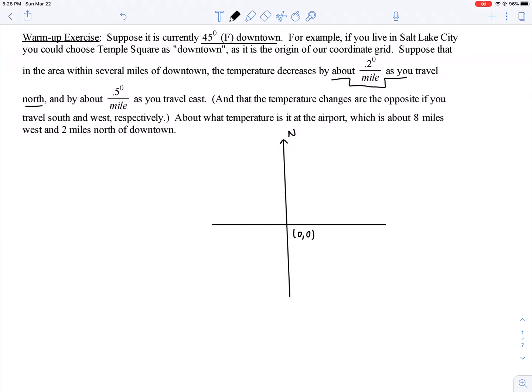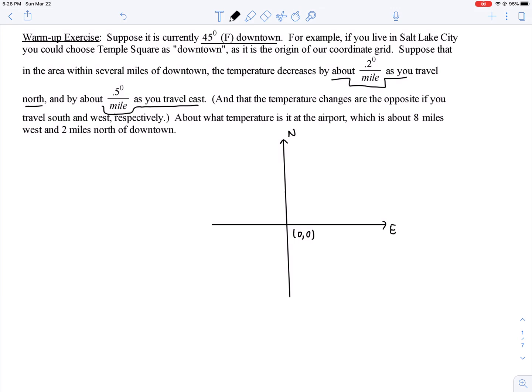And we'll assume that as you go east, it decreases by about 0.5 degrees per mile, maybe because you start running into mountains. Okay, and we'll assume that the rate of change of temperature is the opposite if you're going south and west, respectively.